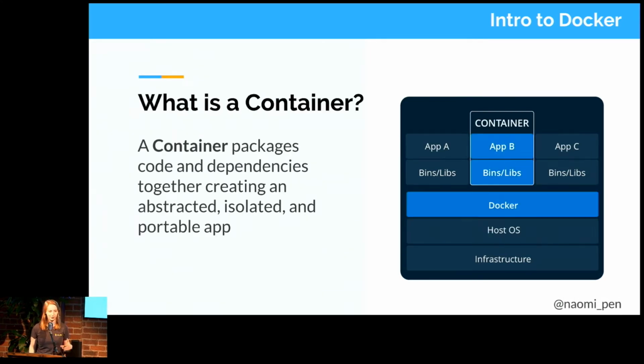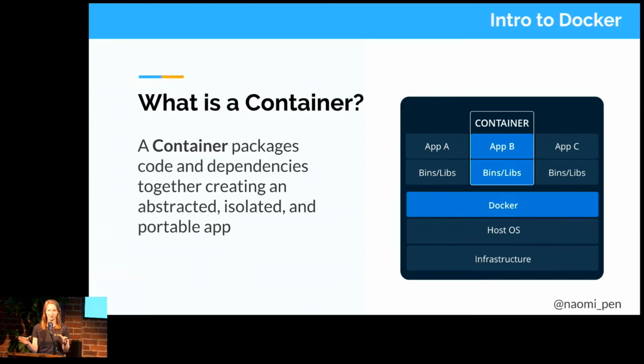So then we've got containers. A container packages code and dependencies together and thus creates an abstracted, isolated, and portable app. That's also a bit of a mouthful, but we're going to go through it as we go through the entire workshop, and at the end, I promise you will have a better idea if this doesn't seem very clear right now.